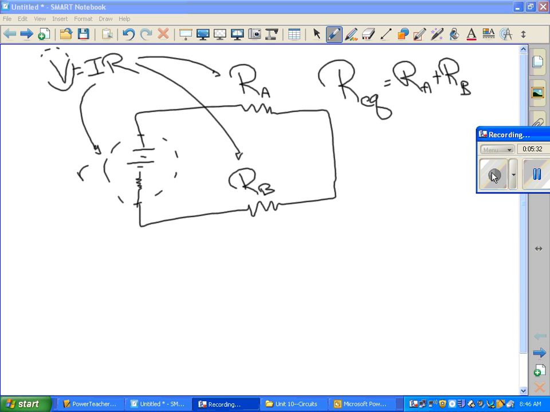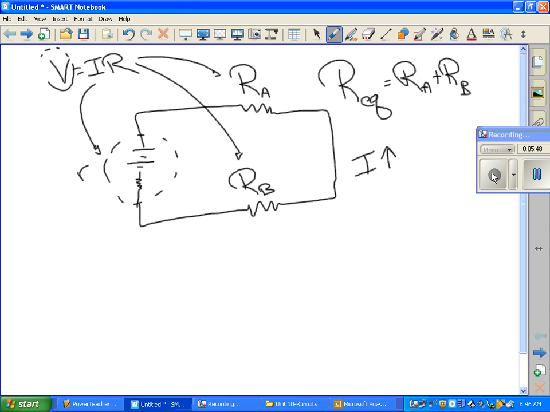Let's think about this for a second. If you measured carefully, what should have happened is as you added bulbs, the total voltage that you got out of the battery actually went up. So take a look. When you're adding bulbs, the current's going up, right? I'm sorry, no, the current's going down. Just testing you. Okay? Right?